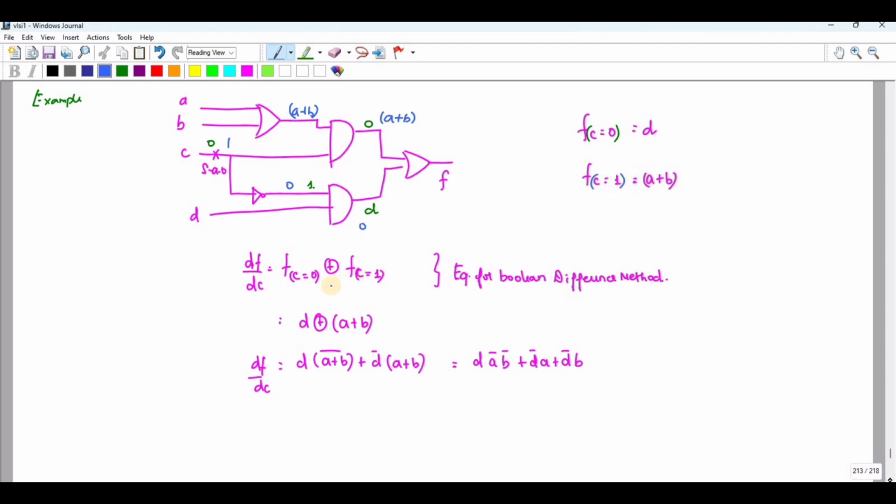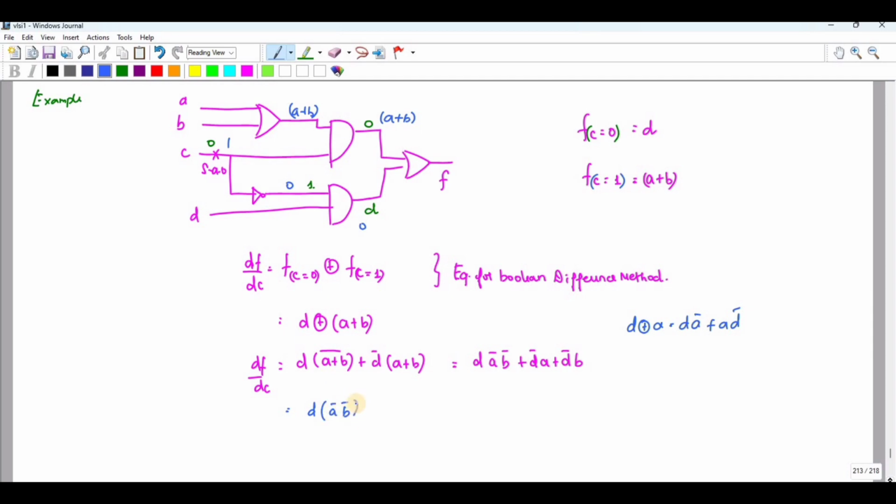So you substitute here, and you can apply the formula, a XOR b is equal to a b bar plus a bar b. If you solve this, you will get d, and this I can write as a bar b bar.